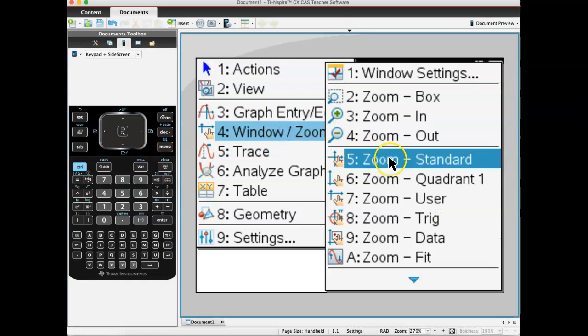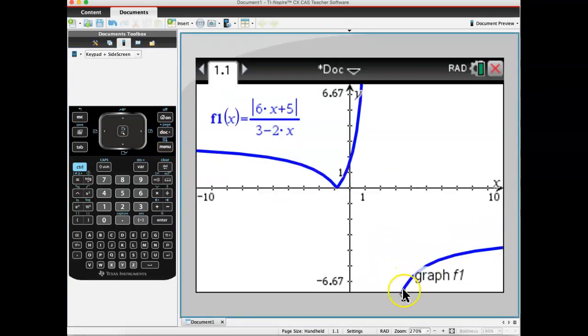Let me get back to a standard window. Down here it's negative, but there's an absolute value. These are all positive numbers here. The top is always positive, and as I put in a positive x, the denominator is always going to spit out a negative number. Therefore, that's why that is down there and it didn't come up. It's only controlling this portion over here. Okay.